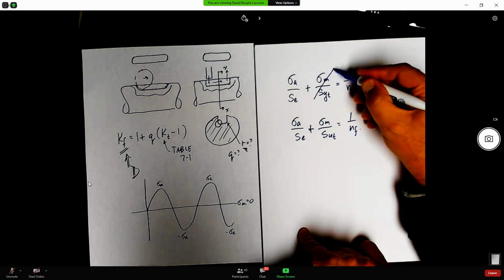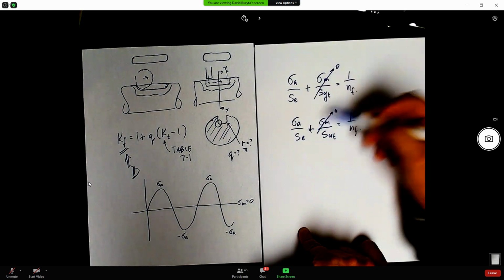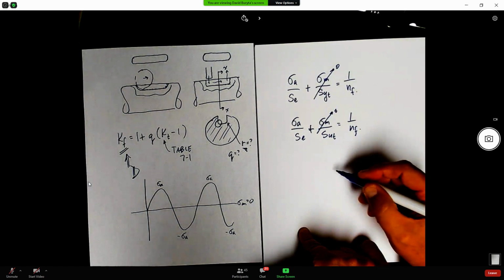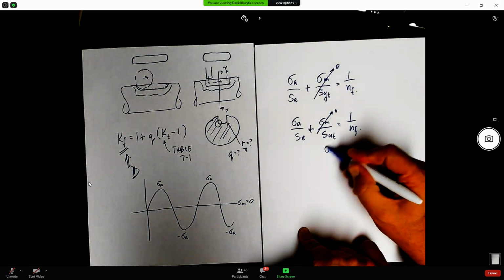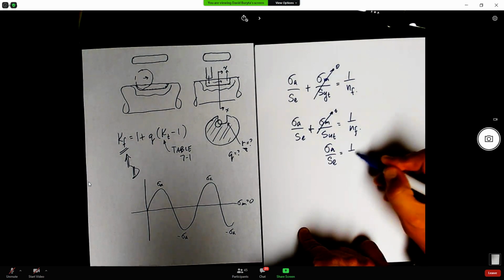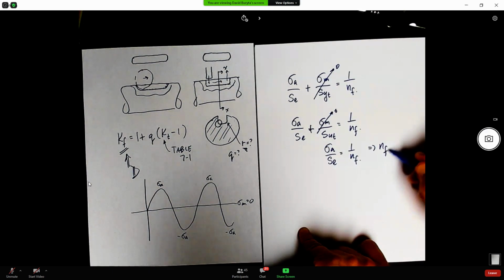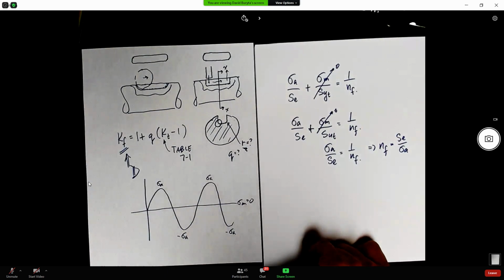So you see here, that'll go to 0, and that'll go to 0. So both of these are the same, right? And then basically you're just looking at sigma A over SE is equal to 1 over NF, or your NF is equal to the SE over the alternating component of your stress.